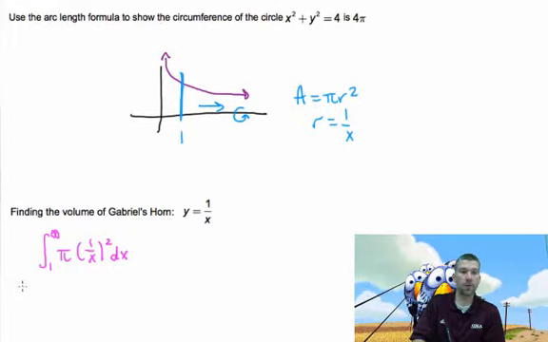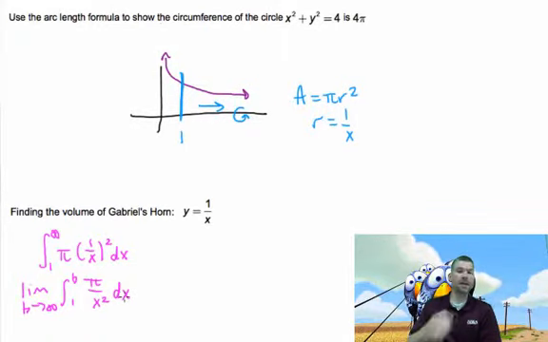Well, what we're going to do then is use our rules of impropers. We're going to let b go to infinity, and we're going to look at the integral from 1 to b of, now watch this here, pi over x squared dx. Okay? So when you integrate this, remember this is actually x to the negative 2.